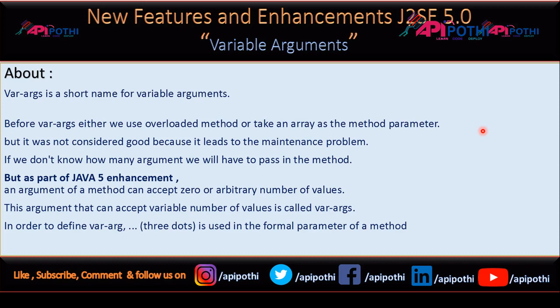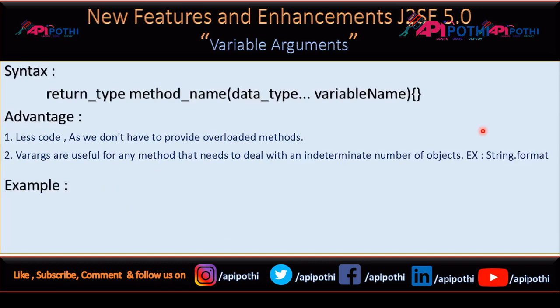If you see the syntax first, it is the data type, followed by the three dots, and then the variable name. Suppose you have add with one argument, then there is no issue, but if it is more than one argument, then you require var-arg.